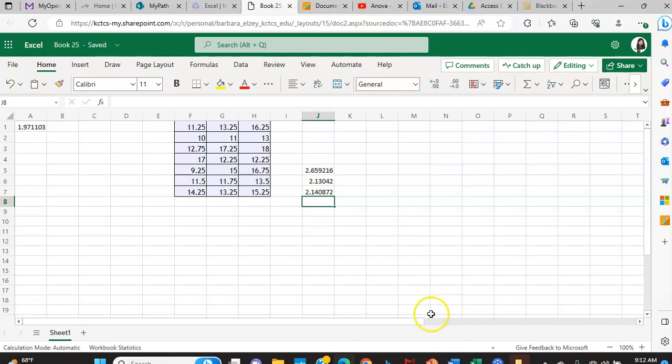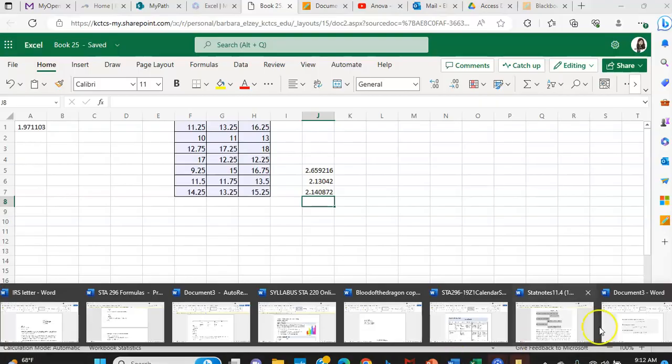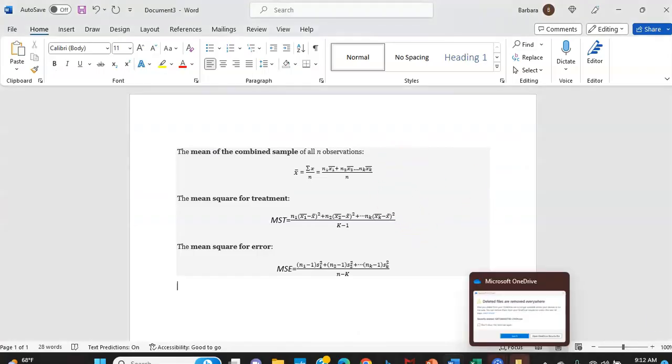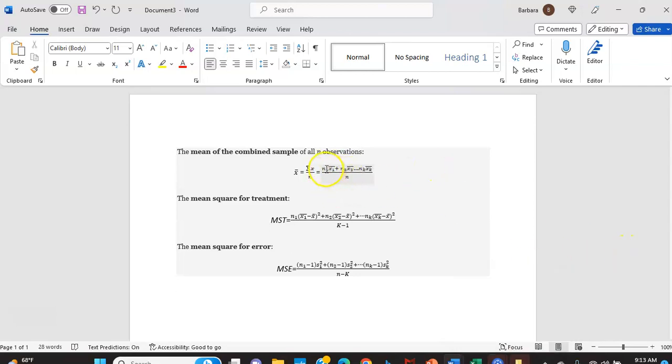Okay, so I'm going to go back now and somewhere I have copied all the formulas we need right here. All right, so the first thing we need is a mean for all of our observations for all three groups. So let's notice that formula calls for us to do the sample size of the group times its mean plus the sample size of the next group times its mean and so on.